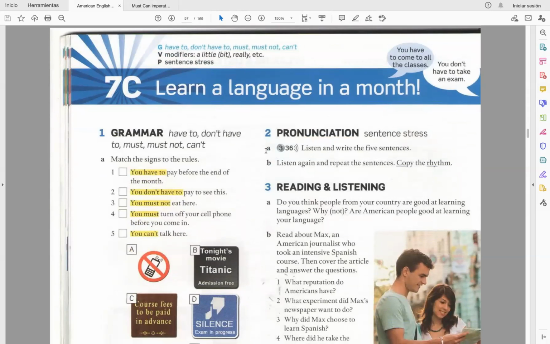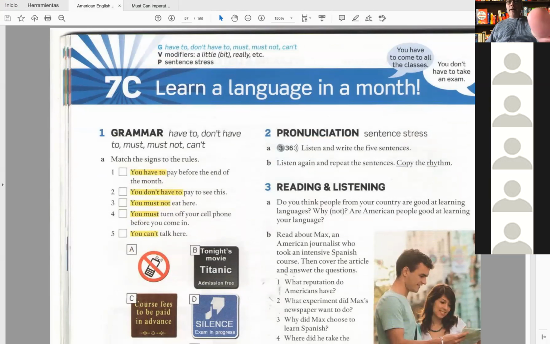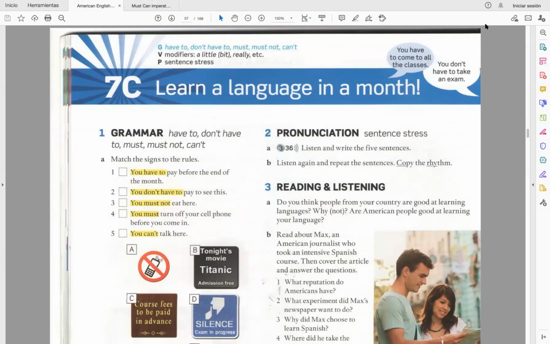All right, so in this unit, as I was telling you before, we are going to study the use of modal constructions or modal verbs to describe obligation, prohibition, suggestion, or it is not necessary to do something. So look at the first activity.